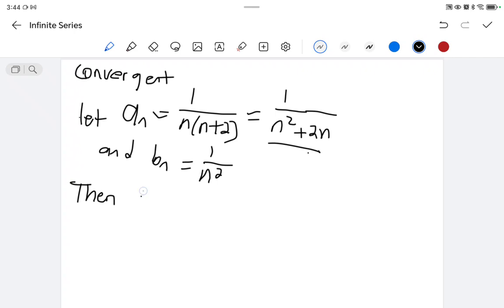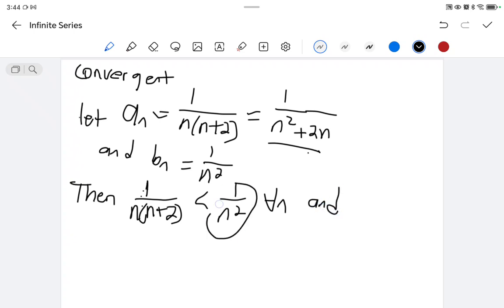Then we know that a of n, which is 1 over n squared plus 2n, is less than 1 over n squared for all n, in other words, for all n an element of the natural numbers. After that, we should check whether this converges or diverges. Usually in this case, it should diverge as long as this condition holds.